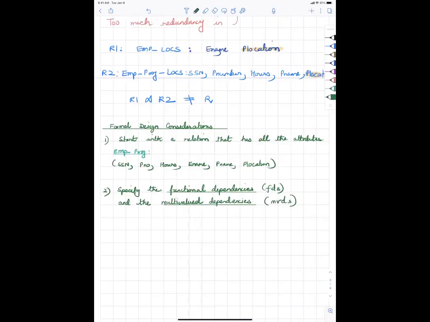Is it possible, for example, for an employee to work on multiple projects, or can an employee only work on one project? Can an employee work on projects that do not belong to his department, or can he only work on projects in his department? Can a project be in multiple locations? Can a project location be different from a department location?